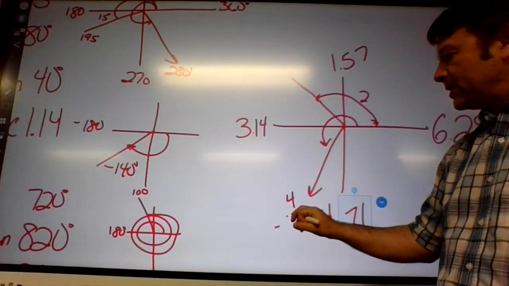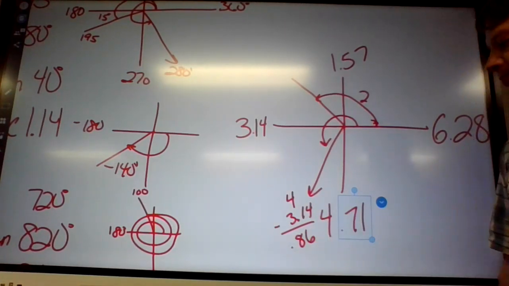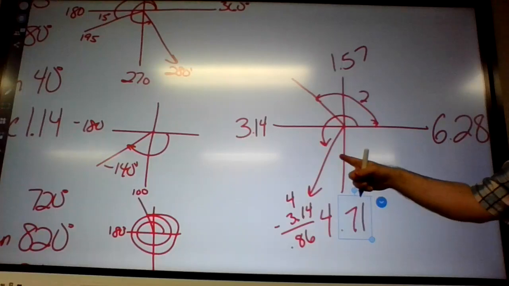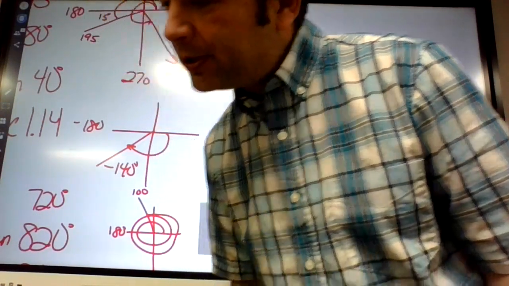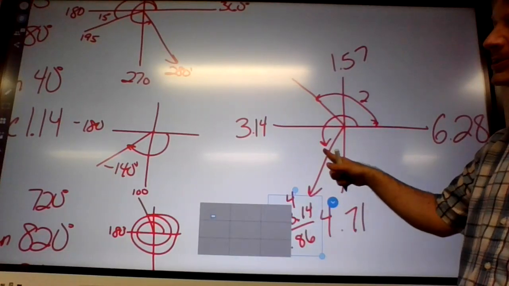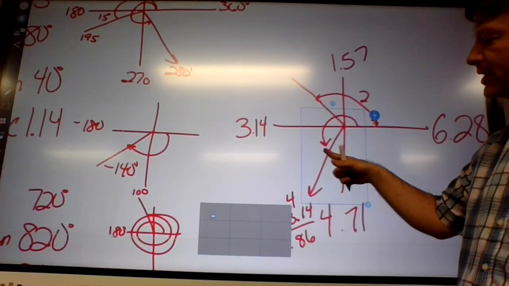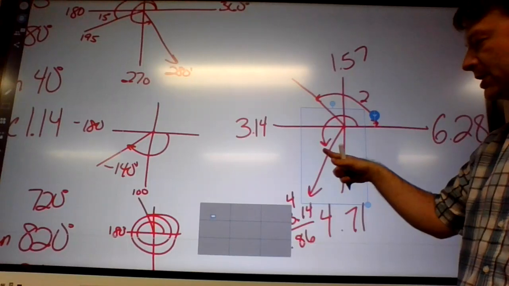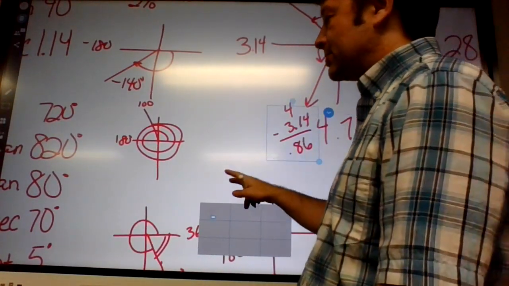If we subtract that, we get 0.86. Cosecant, okay, so we'll have cosecant of 0.86. Cosecant's based off of sine. Is sine positive or negative in the third quadrant? Negative. So it's negative cosecant 0.86.